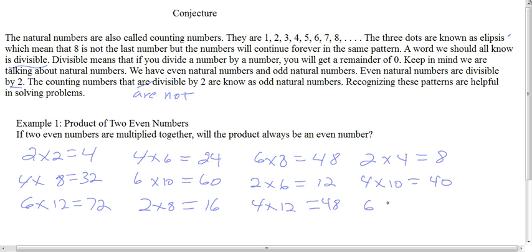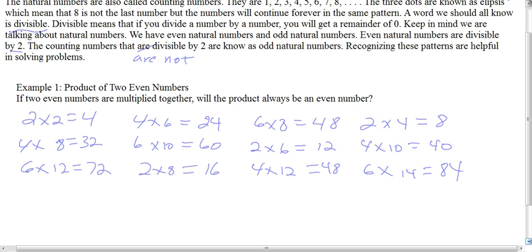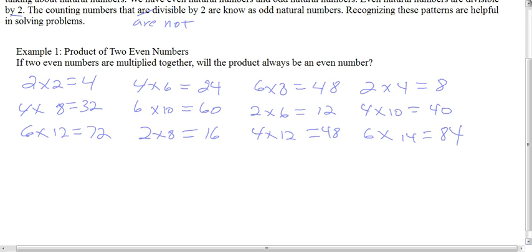Let's take 6 times 14, and that will equal 84. If we just stop here and look at this pattern, we will see that all our products, 4, 24, 48, 8, 32, 60, 12, 40, 72, 16, 48, and 84 are all even numbers.